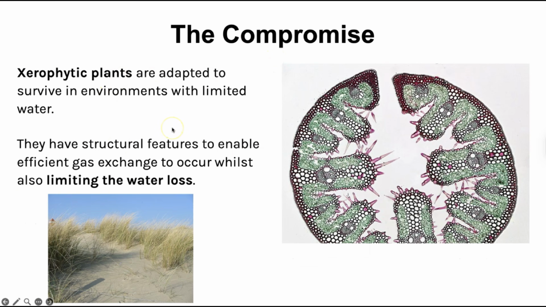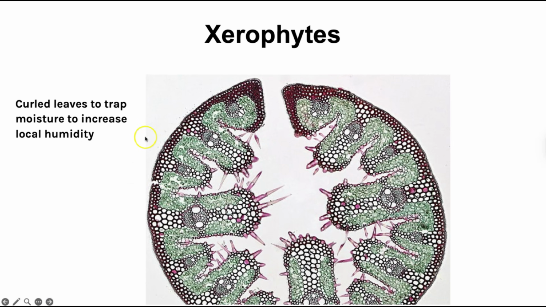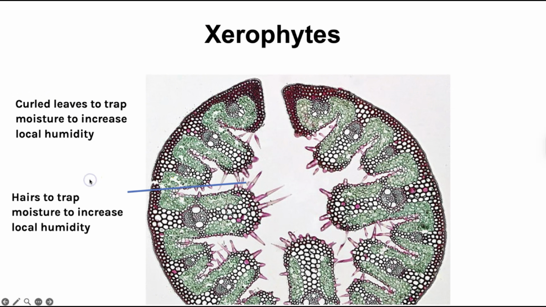Now, the other adaptations, in particular in xerophytic plants, which are plants that are adapted to survive in really hostile abiotic factors where there's very little water, the structural adaptations that they have are, first of all, a lot of the time the leaves curl up, and that means all of the stomata are facing inwards, and any water that does evaporate gets trapped, and it creates a very humid atmosphere to reduce the water potential gradient, so less water evaporates out.